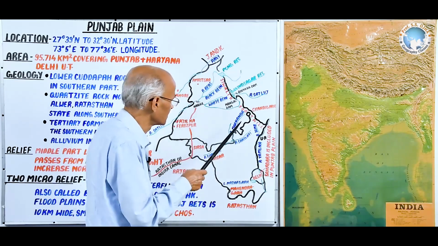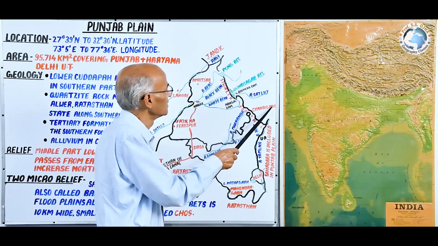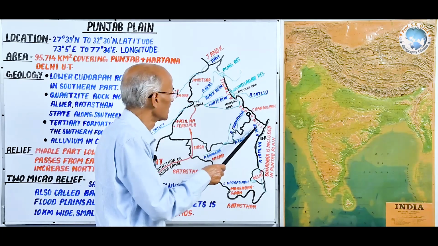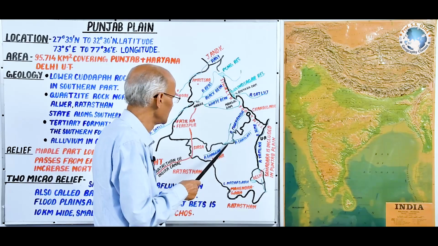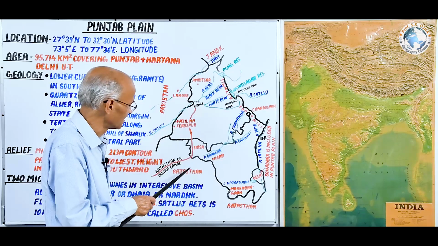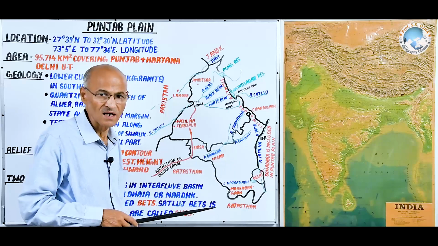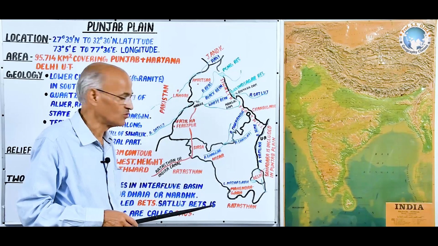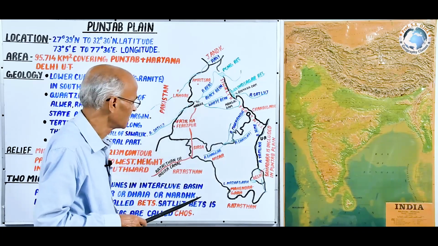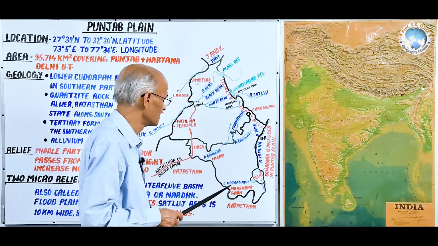That's why it is assumed that this Markanda was originally river Yamuna, and this was originally river Ganga. Both used to meet here and then Ghaggar, and this now dries up in Talwara Lake in Rajasthan. But these were the paleo channel or paleo drainage segment of the Punjab plain drainage. Thus, this is about the drainage pattern and system.